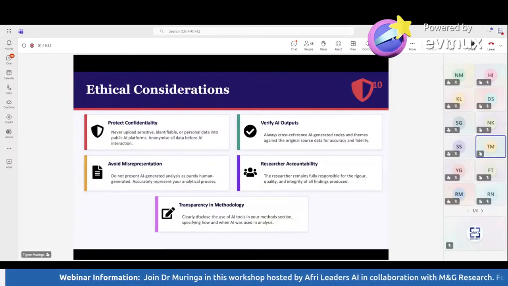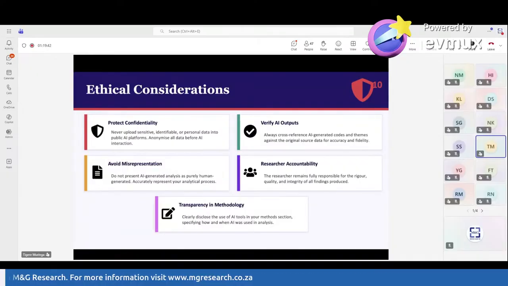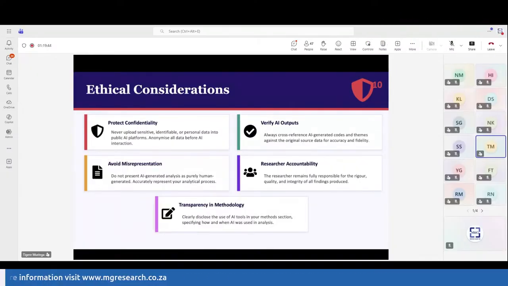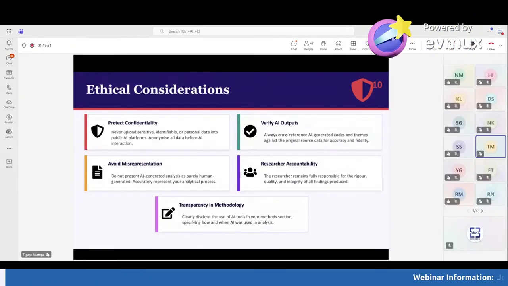And you need to always anonymize all data before AI interaction. The challenge with data protection or data security is that we do not have control of how or what your data will be used for the moment you've uploaded it on ChatGPT or on other platforms. You've basically ceded control of that data, right?